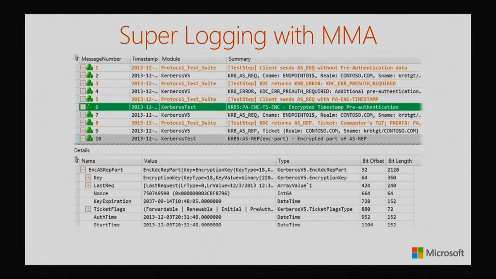And the green one, the Kerberos test, these are the messages before the encryption. The bottom part is the decrypted message. Because this is a response message, part of the response message is encrypted. So we decrypted this message, and we can see some detailed message with the MMA.